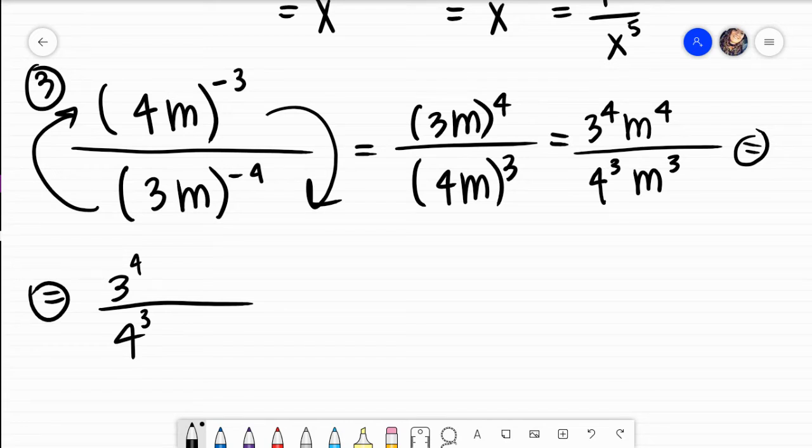Question. Your m's, the one on the top and the one on the bottom, those are the same base, right? So that means I can do the quotient rule on that. What I do is I keep my base and I subtract my powers. The way you do that is you use the numerator, subtract the denominator's exponent on our m, and then now let's evaluate this. We have 3 to the fourth over 4 cubed.